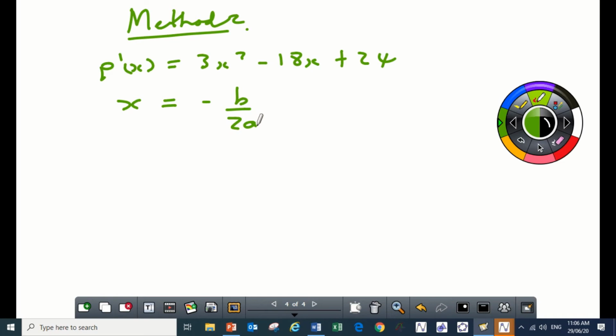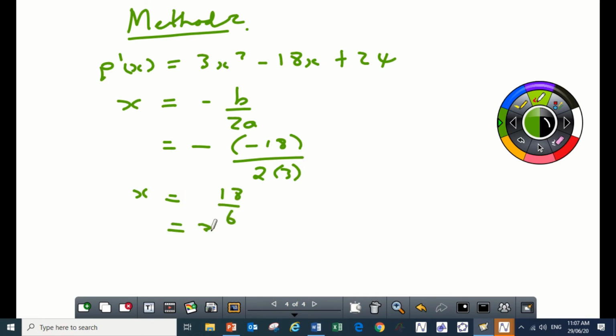Remember, you can also use calculus. At the turning point, the first derivative is equal to what? To 0. So in that case, your second derivative is going to be equal to 0. So you get minus 18 over 2 times 3. So you get x equal to 18 over 6. And that's it.